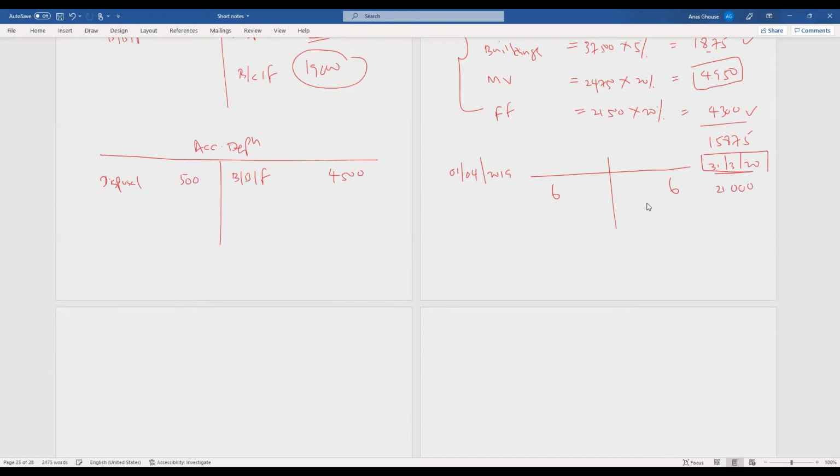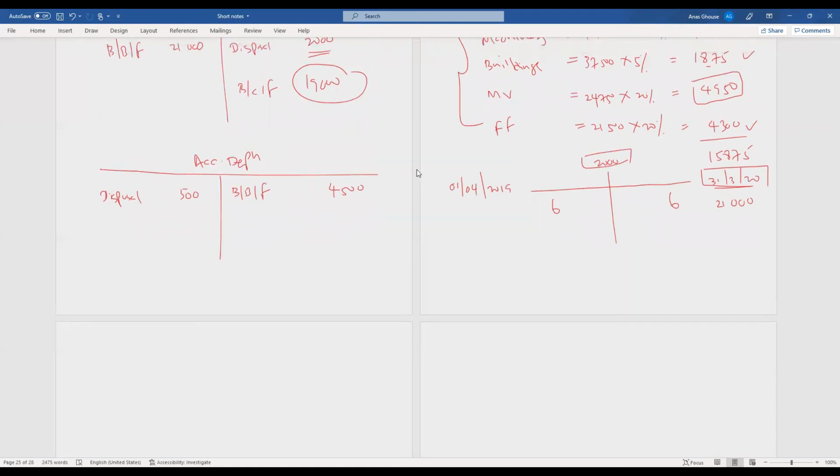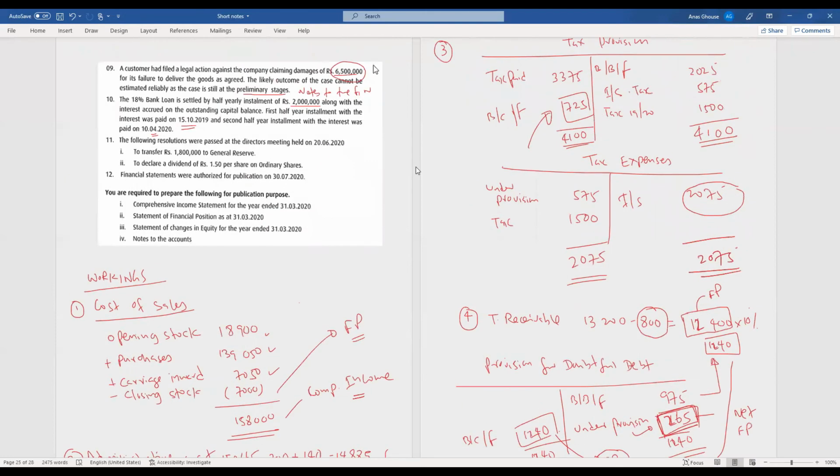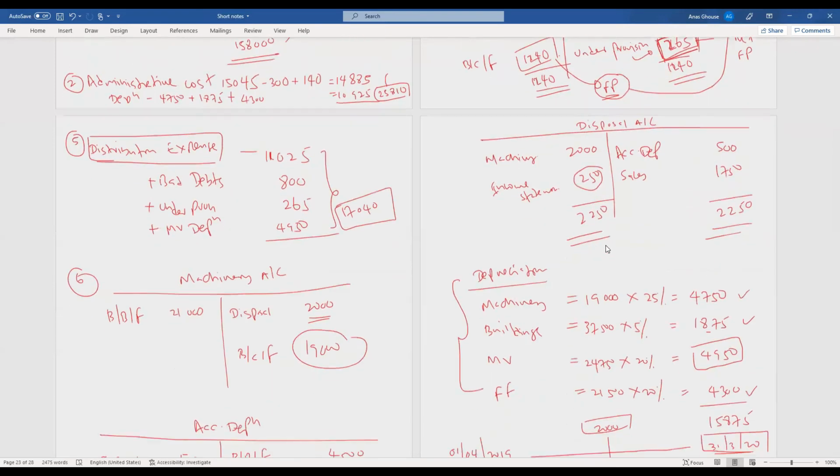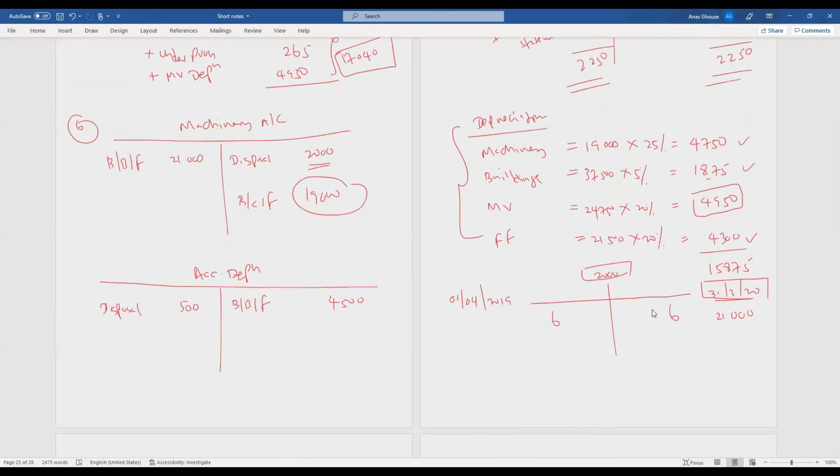This half-yearly installment of 2 million was settled on which date? 15th October. So this was settled on 15th October 2019.